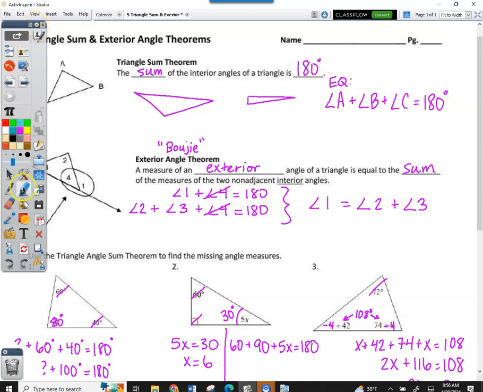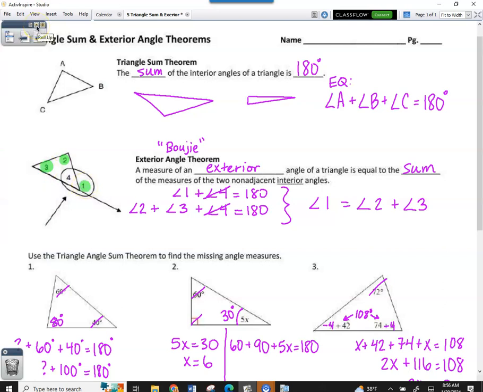All right, look at the picture. So angle 2 plus angle 3 adds to equal angle 1. Angle 2 plus angle 3 adds to equal angle 1 out here.